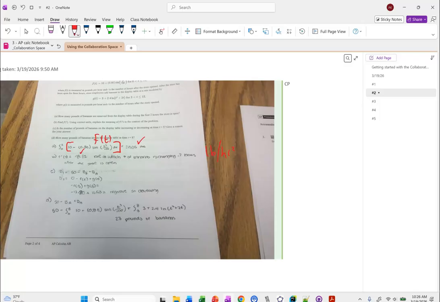Then it says, explain what this means in the context of the problem. The rate at which the number of bananas is changing after the store is open. Nope. So I would say that after 7 hours, the rate at which bananas are being removed is decreasing by 8.12.